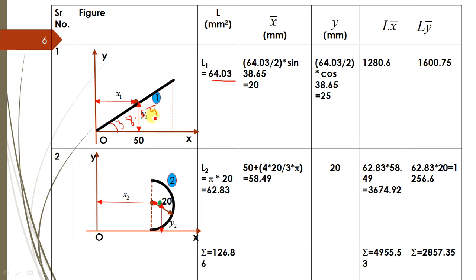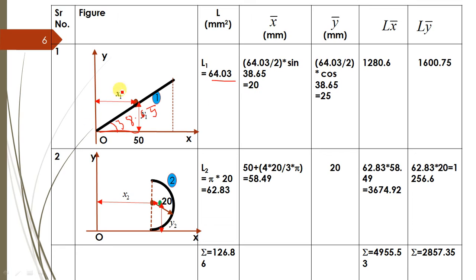Now we require this distance to the centroid. So 64.03 divided by 2, multiplied by sine of that angle, you will get 20.